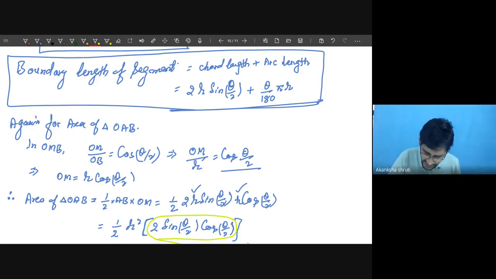So this entire part can be replaced by sine of theta. Keep in mind, it is now not theta by 2, it is only sine of theta.